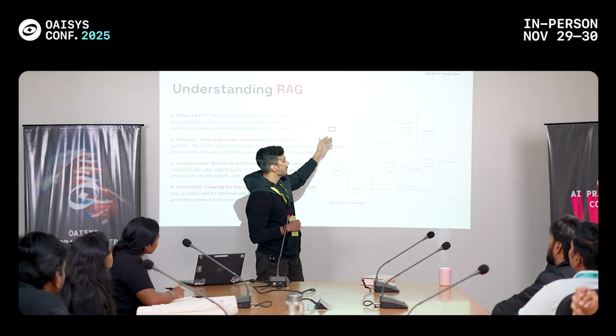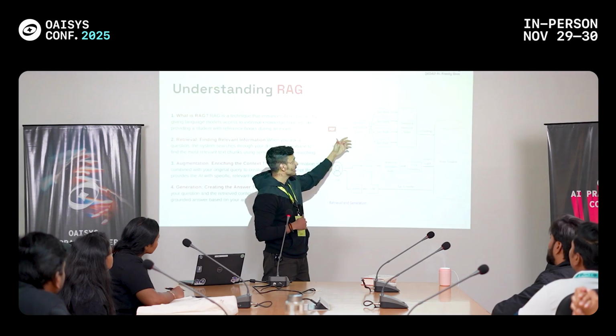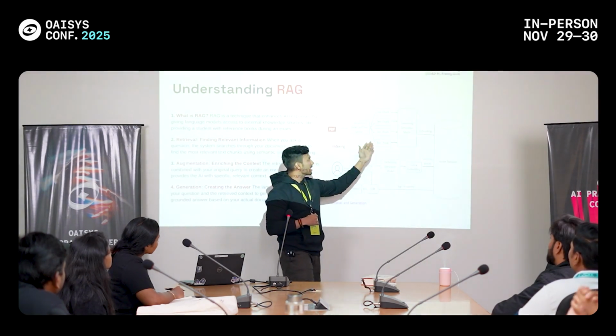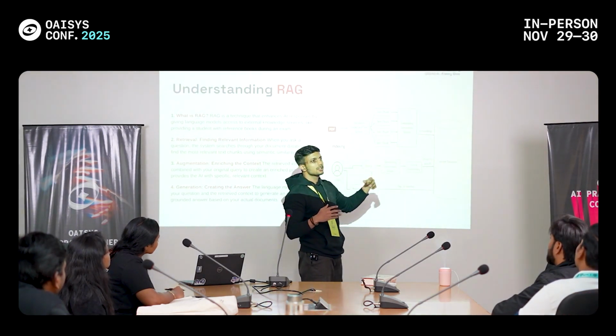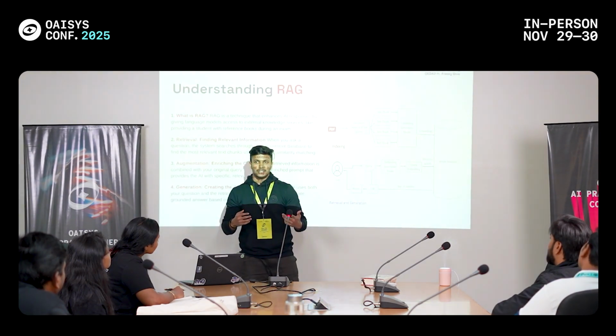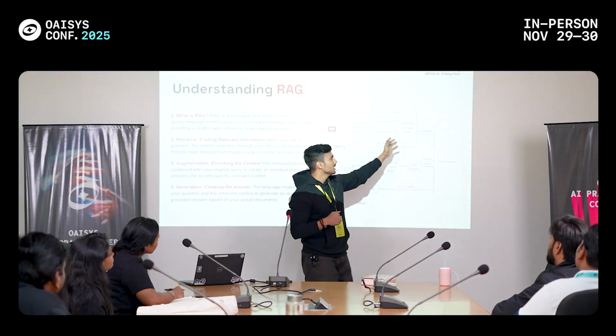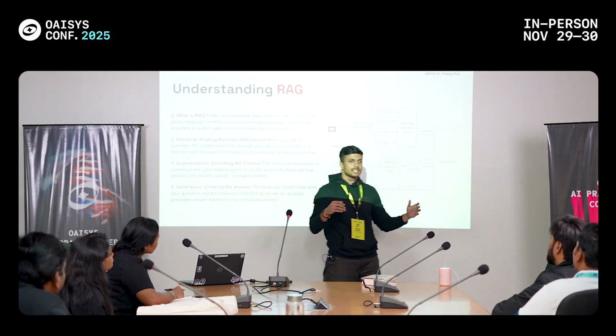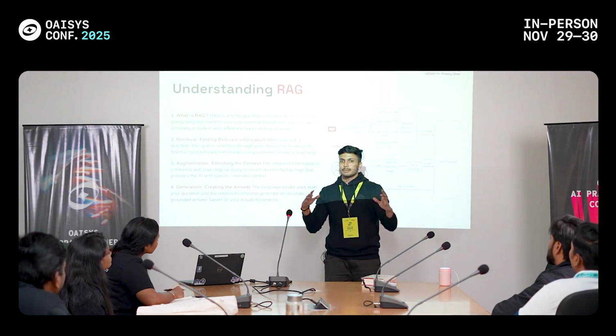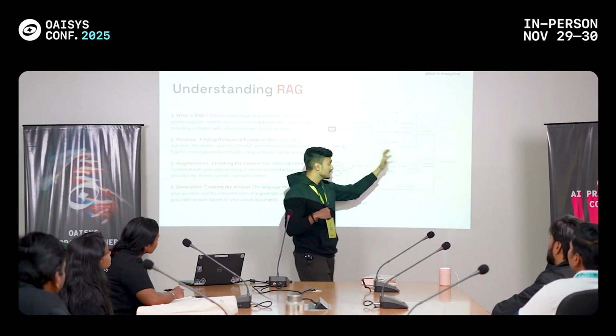We load the PDF, convert it into different chunks, and then convert them into embeddings. Why embeddings? Because machines do not understand text language. They only understand maths language. Once we convert into embeddings, we store them in a vector database, which is a database where all the embeddings of the PDF get stored.